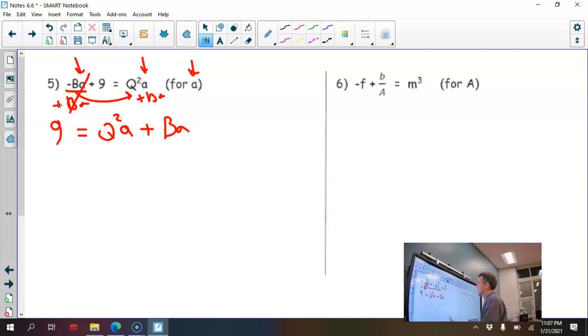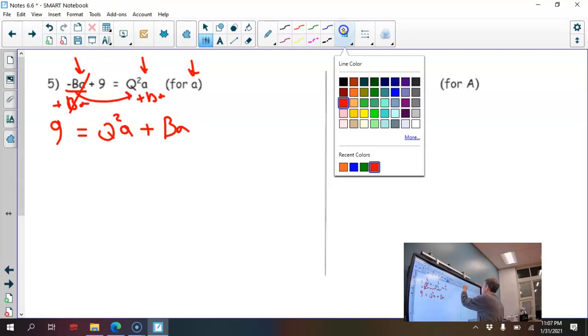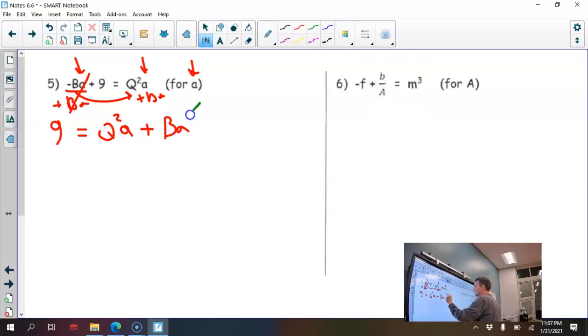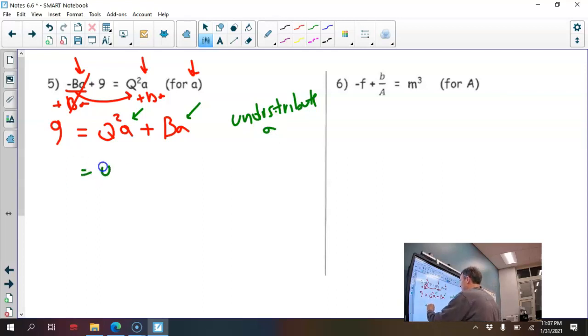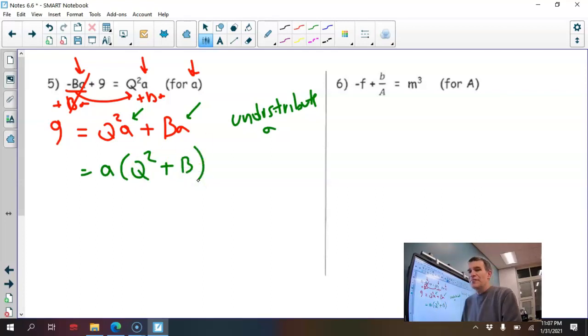Now, notice that a is in two different terms, right? So how do I isolate it when it's in two different terms? I have to undistribute the a. So that would look like this: a times q² plus b. I'm removing the thing they have in common. I undistribute the thing they have in common.